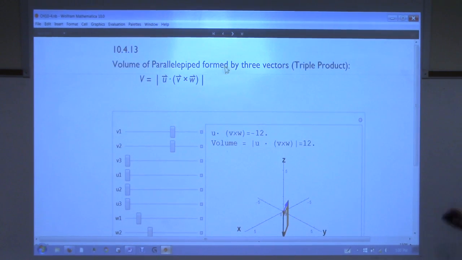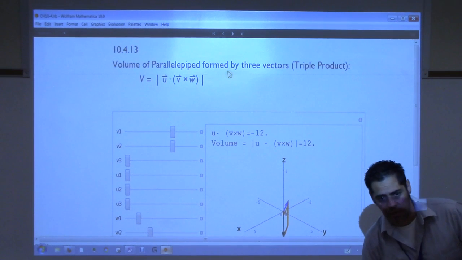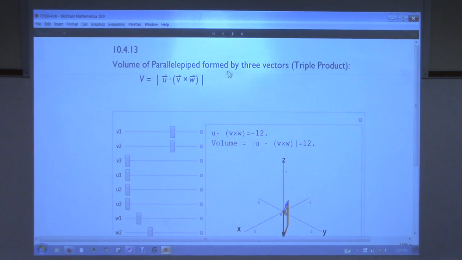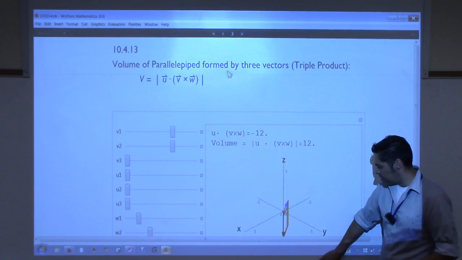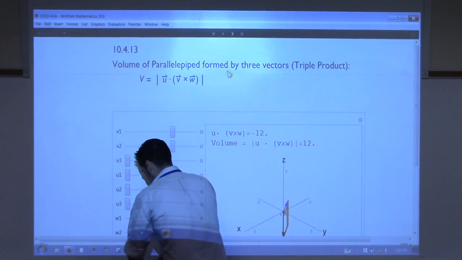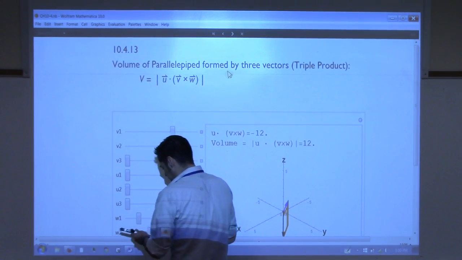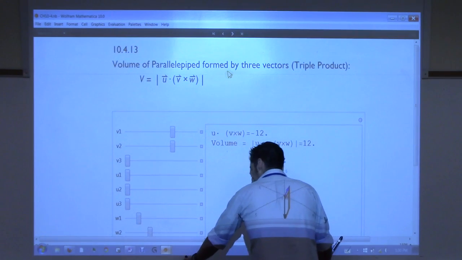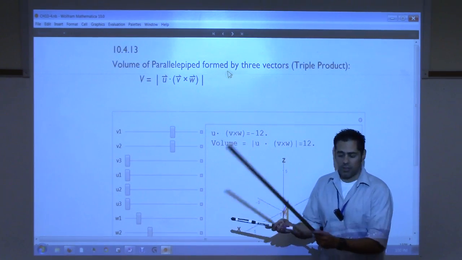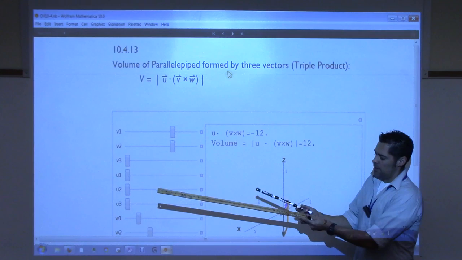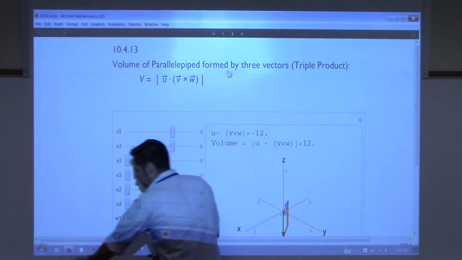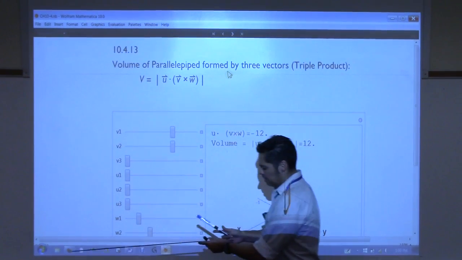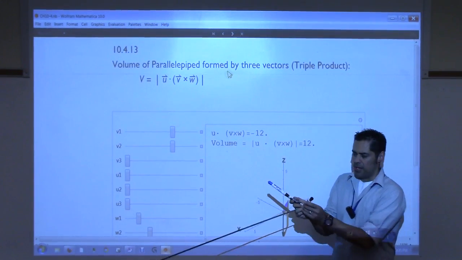All right, so we talked last time about the cross product, right? And we have another nice result with the cross product. Last time we said that if you take two non-zero vectors and take their cross product, you get another vector, and that vector is perpendicular or orthogonal to both of these vectors, yes?